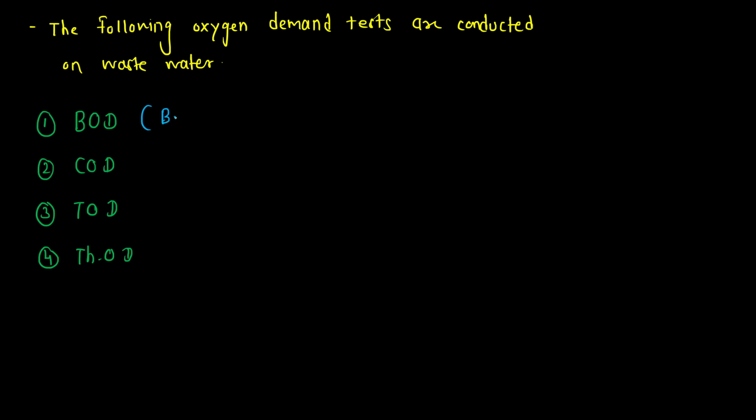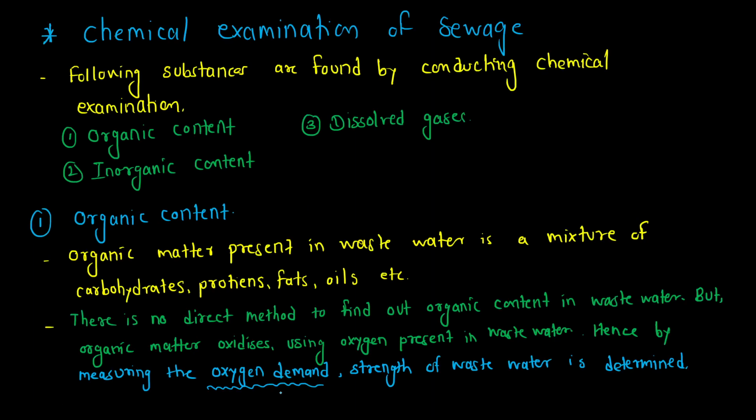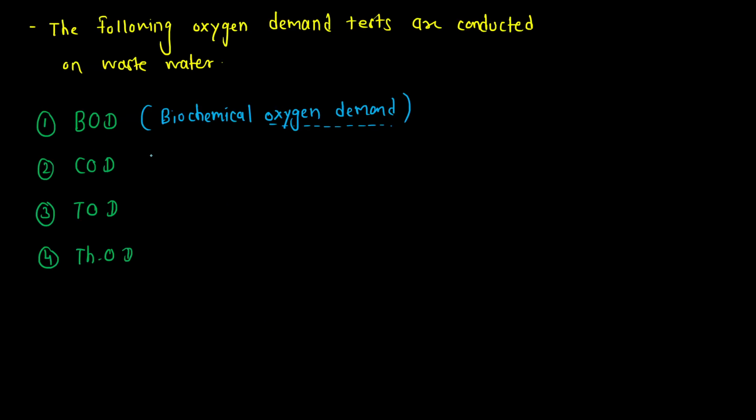The first is called biochemical oxygen demand. You can see that in the name, oxygen demand is there. So that means we are going to measure the oxygen demand, and based on this we can identify the strength. The next one is chemical oxygen demand.